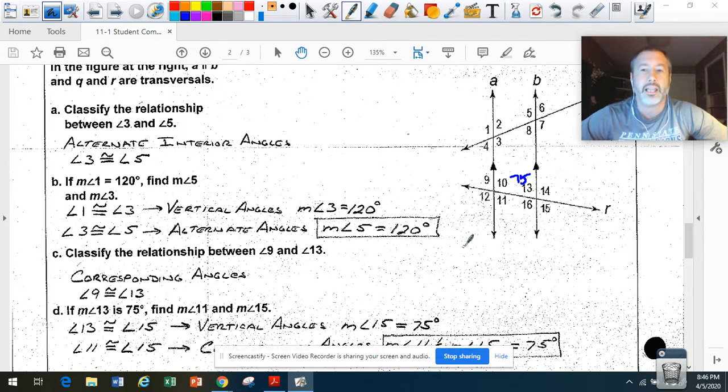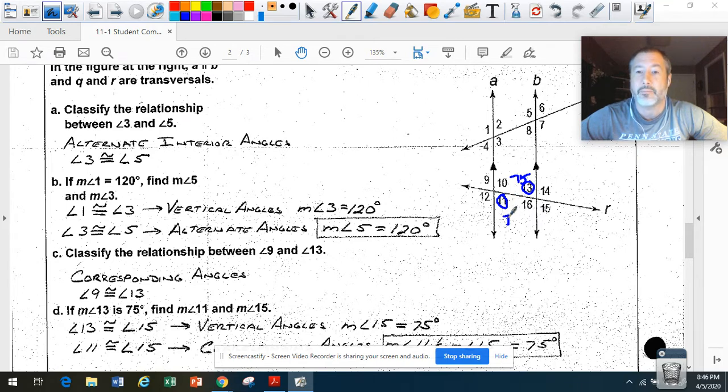Well, let's start with 11 first. 11 and 13 are running off of parallel lines, cut by a transversal. Since they're both inside, they are interior angles, and they are on opposite sides of the transversal. So those have to be alternate interior angles.